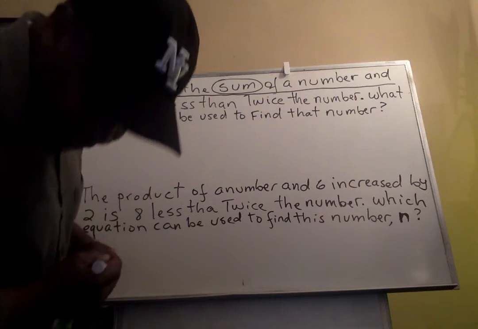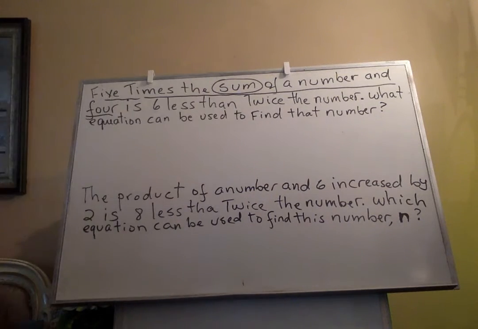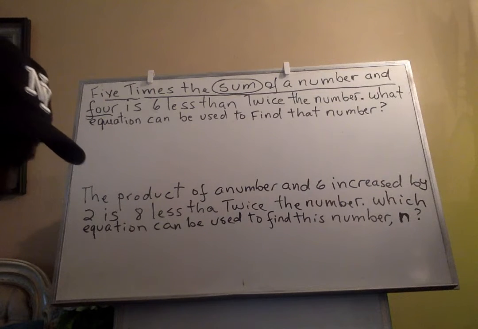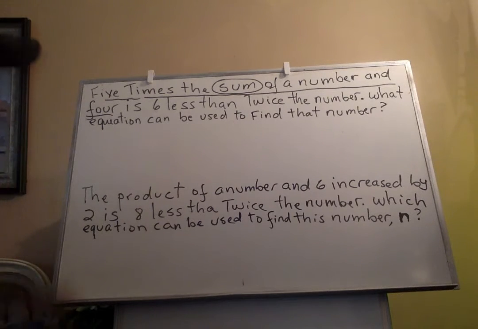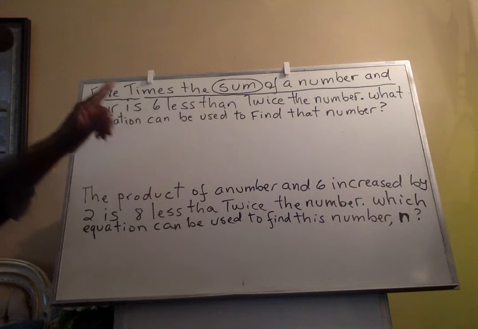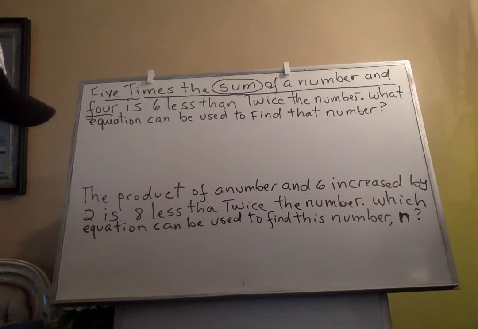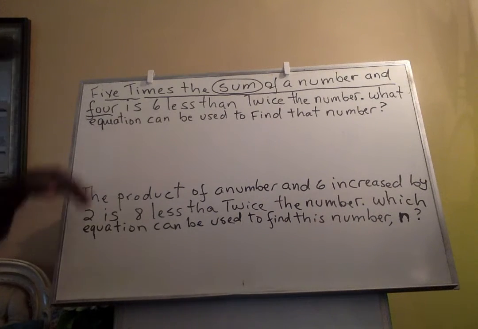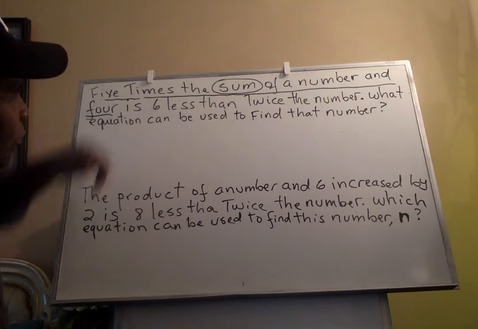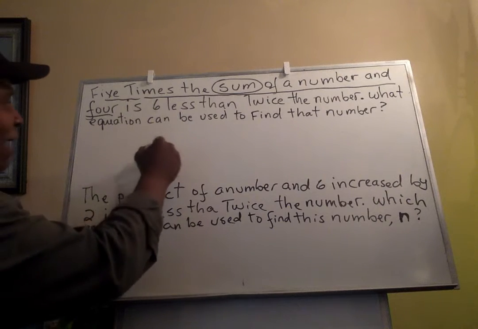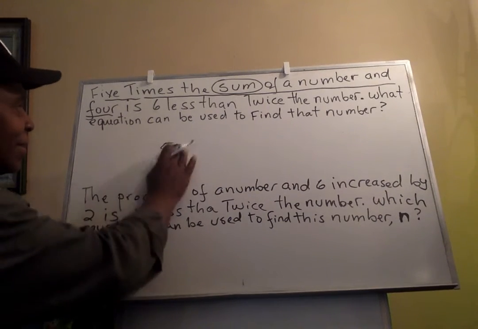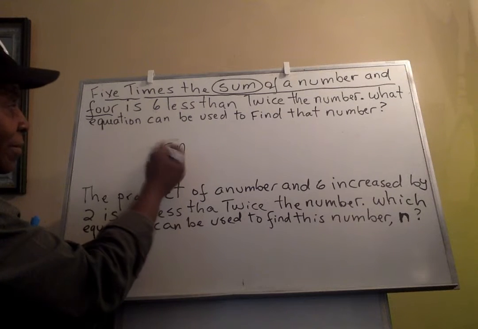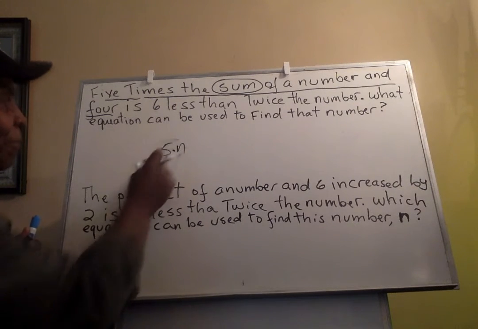Let's read it again so that it sinks in. 5 times the sum. Notice they didn't say 5 times a number. They said 5 times the sum of a number and 4. You have to pay attention to this one because a lot of students make mistakes on this one. 5 times a number, which you don't know, is this.